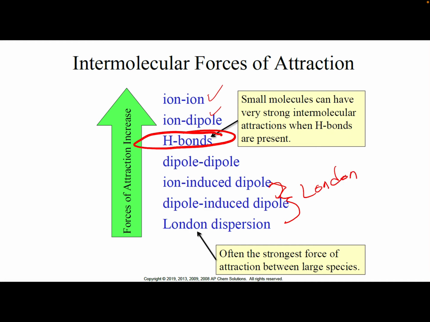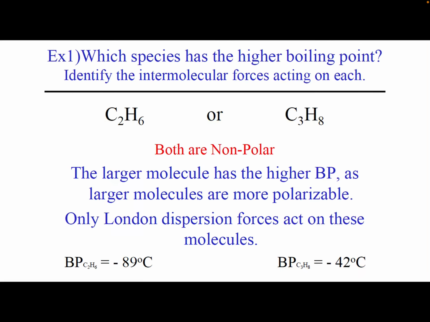So usually we'll say that we have ion-ion, ion-dipole, hydrogen bonding, dipole-dipole, or London dispersion forces. But this is going to help you decide if you have to choose between two species, which one's going to have a higher or a lower boiling point. So, for example, which species has a higher boiling point, C2H6 or C3H6? So when in doubt, just draw the Lewis structure.